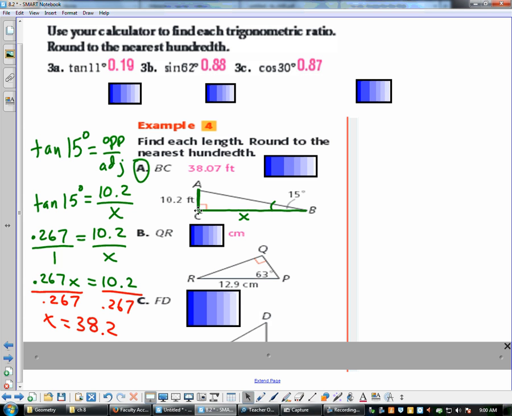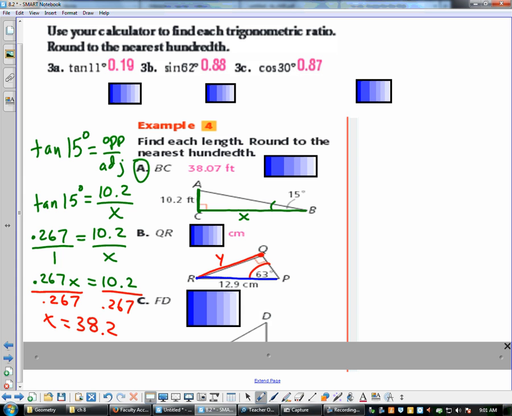We're trying to find segment QR. Is segment QR the adjacent leg to this 63-degree angle, the opposite leg, or the hypotenuse? Opposite leg. So this is the opposite leg. I'm going to call it Y. We are given which segment? We're given RP is 12.9.